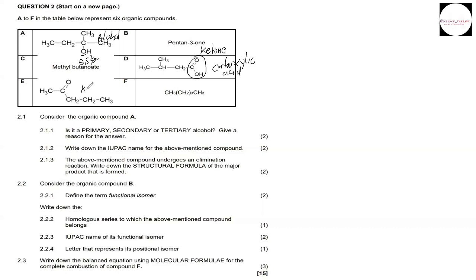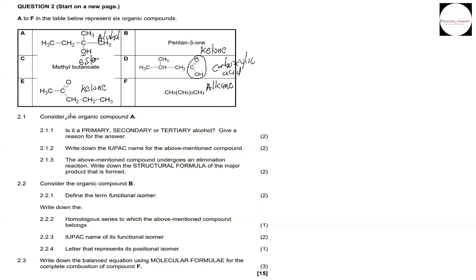So this again is a ketone, right? And then we have F here. Looking at this, we can see that obviously this one has to be an alkane, with single bonds between the carbon atoms, right? Then 2.1.1 says, is it a primary, secondary, or tertiary alcohol?